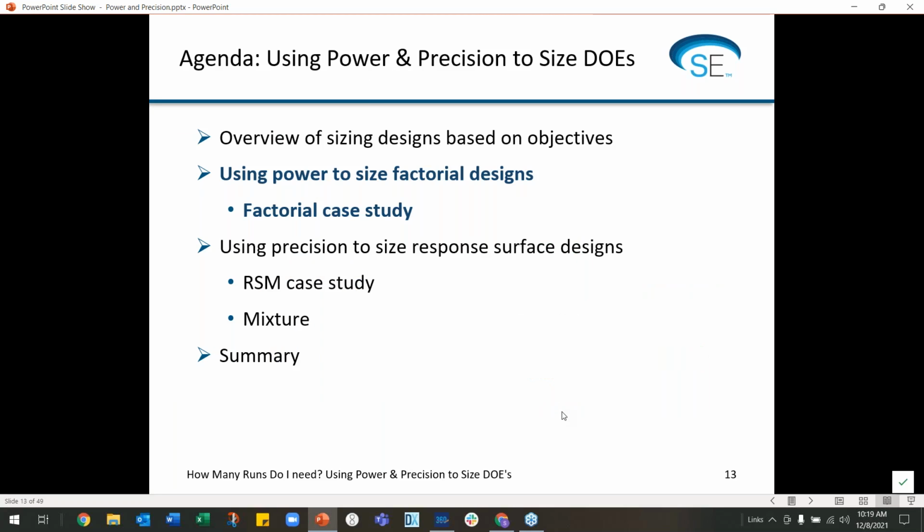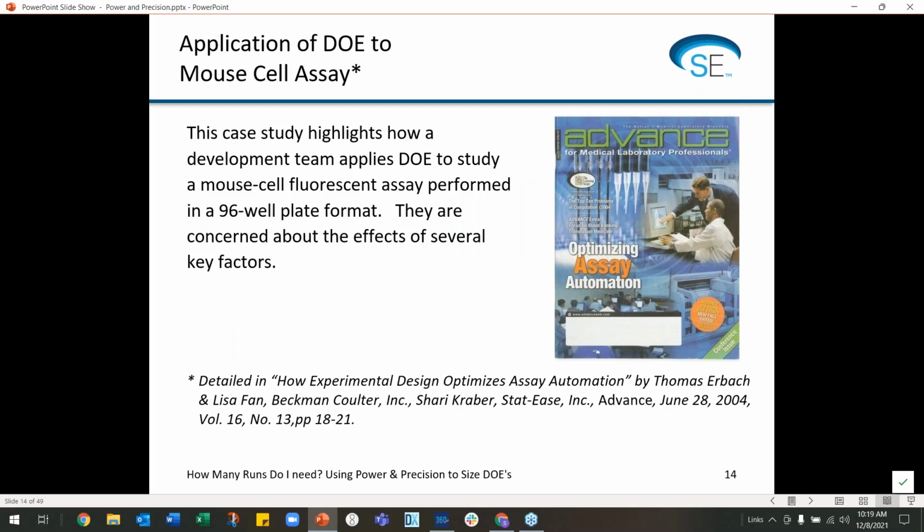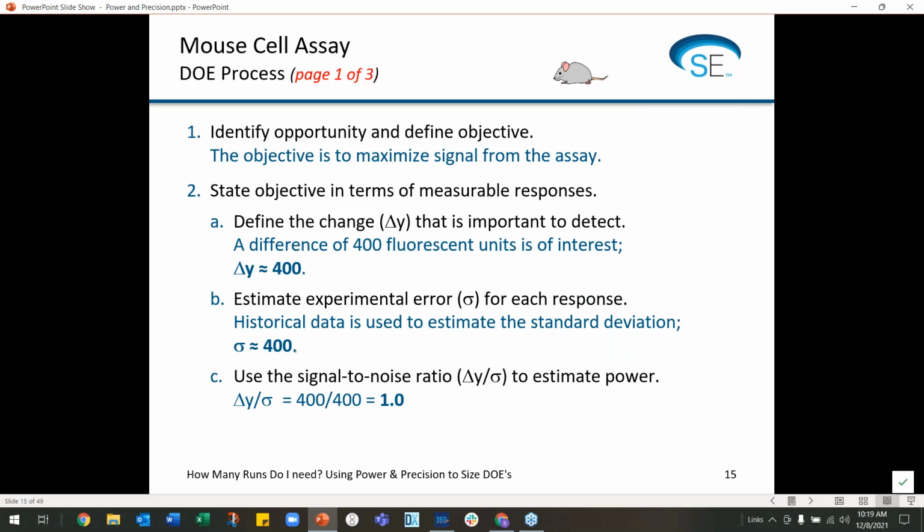Okay, so let's demonstrate this with a case study. We are going to look at a mouse cell fluorescent assay done in a 96 well plate. So we have 96 wells. That means we have the opportunity to potentially do up to 96 runs.